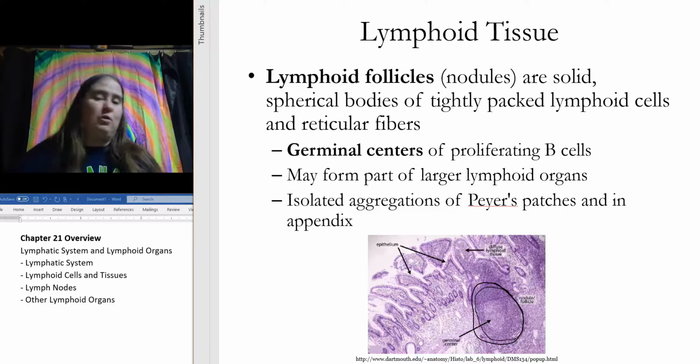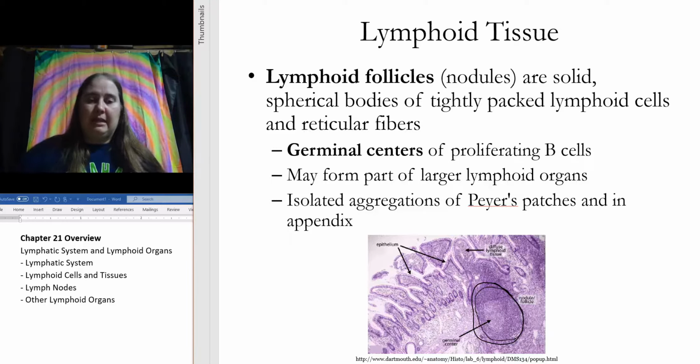There are no T cells in our lymphoid follicles or within the germinal centers. So this is very characteristic of an important cluster for B cell proliferation. They form throughout large lymphoid organs, but you can also find clusters of these throughout the digestive system as well as in the appendix.